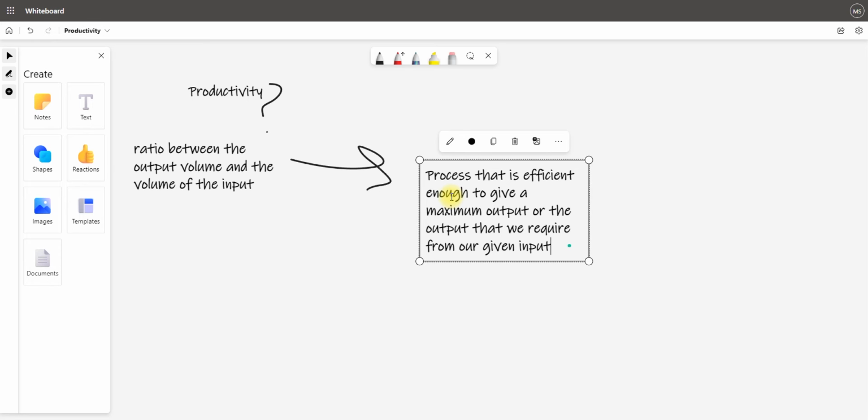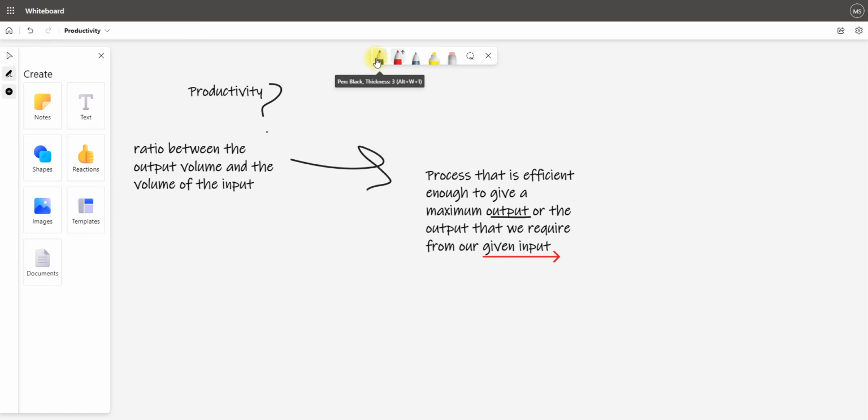So when we have such a process that we get the required output from our given input, this will help us to basically have productivity in our process or in our system.